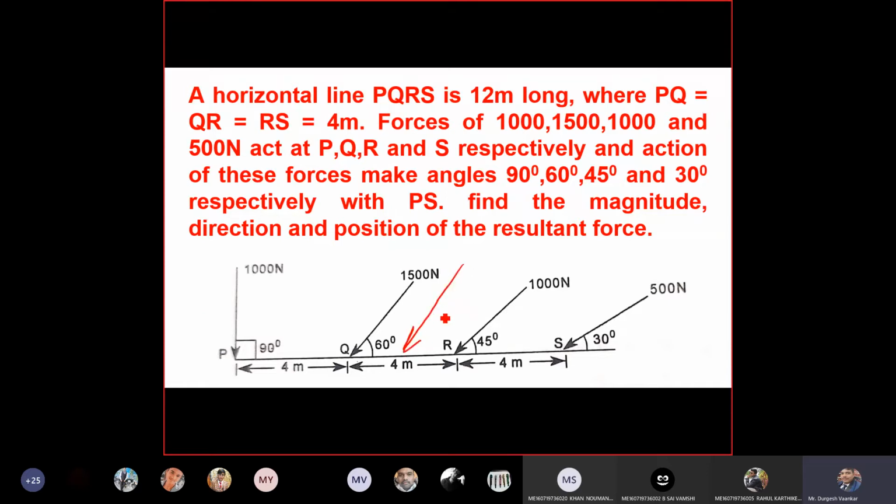Now I don't know what is the angle and what is this distance, from the starting point to here. We have to calculate this, as well as the angle made by the resultant. This distance we call the position, and this theta we call the direction, means at what angle it is acting.